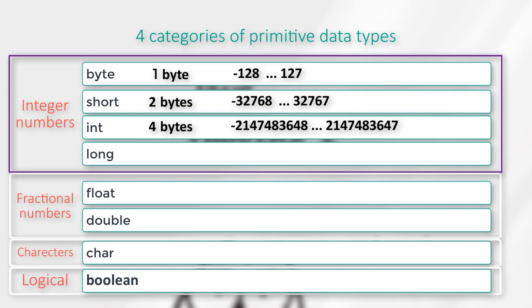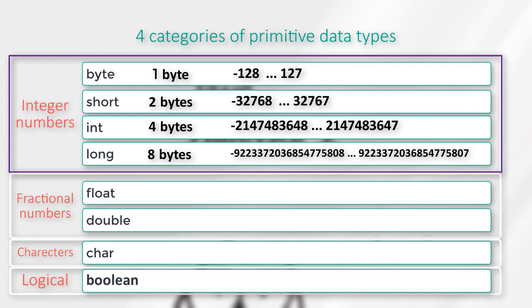This is the most common integer data type. The last type is long. It is used when the values to be stored are so huge that they cannot fit the int type restrictions. The data type requires 8 bytes and can store values like this one. These data types can be worked with similarly to the int type. In order to create a variable of a required type, specify the type and the name of the variable.